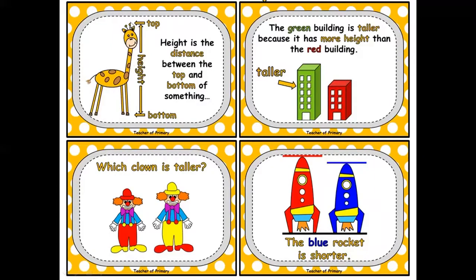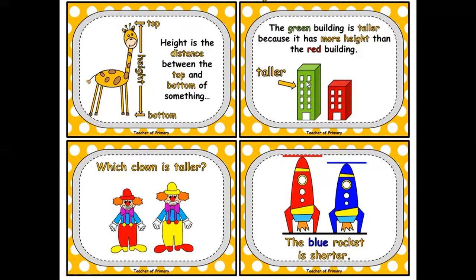Now look here, there's a picture of a giraffe. If you want to find the height, what will you do? Height is just the distance from the top to the bottom.